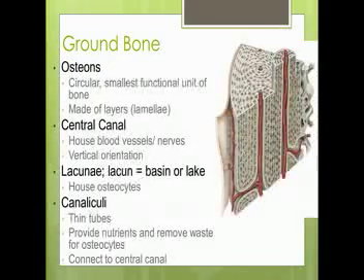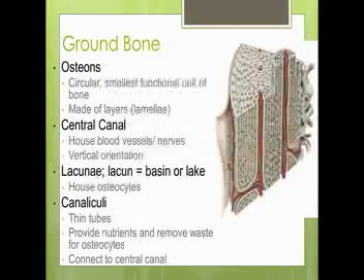Inside the center of that osteon is something called the central canal. Central canals run vertically and actually house blood vessels and nerves. Now these are important because there's something called lacunae. Lacunae are the regions found around that central canal.